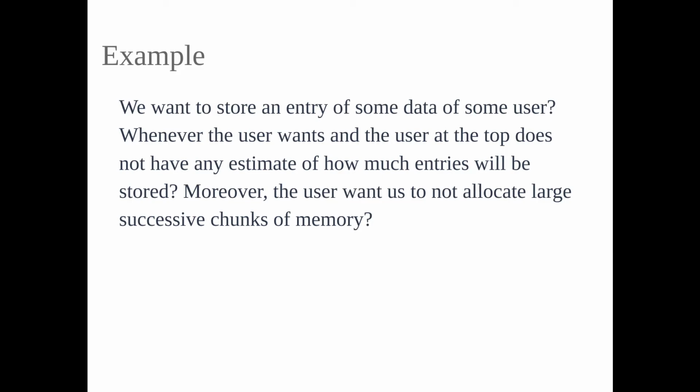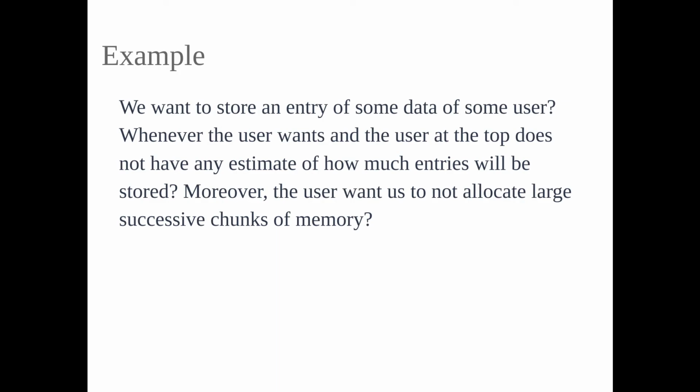Next, at this point he or she does not know how many entries he or she is going to make. So first, it's going to be dynamic. Whenever he or she wants to store data, your program should be capable of doing that. Number two, he or she has no estimate right now of how much data is going to be stored.